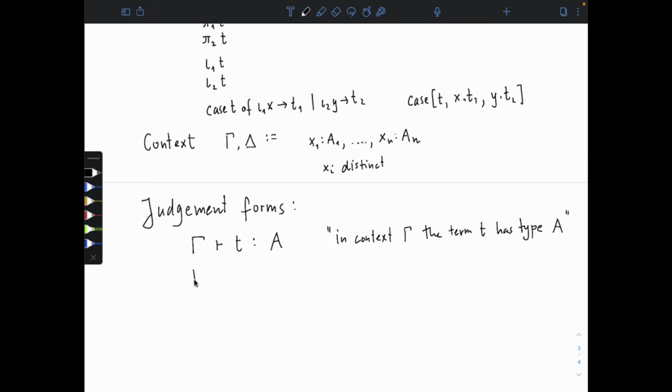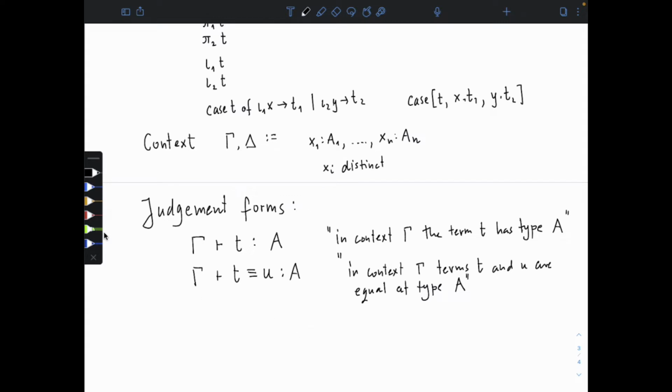And the other judgment form is t equals u at type A, and the way you read this is: in context gamma, terms t and u are equal at type A. So you have to also indicate what the type is.